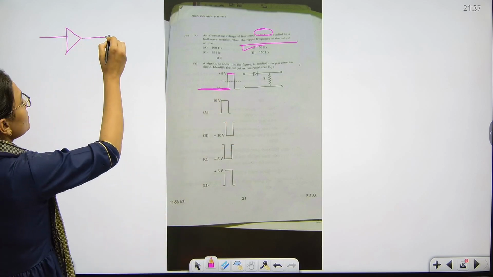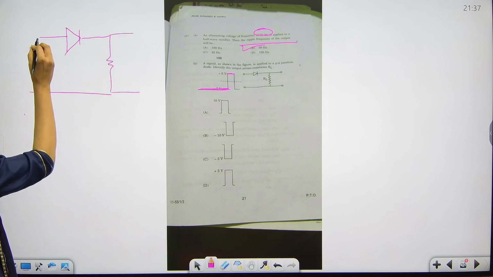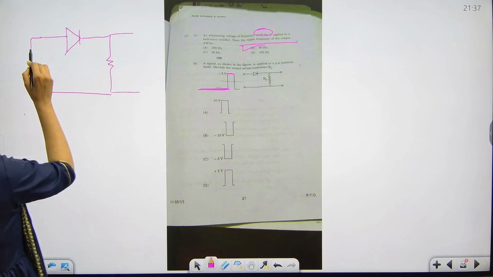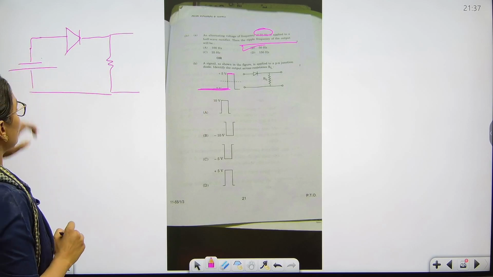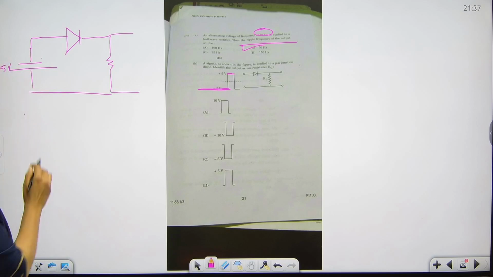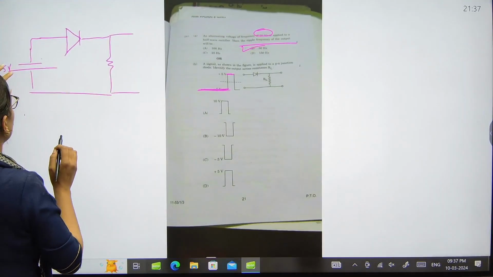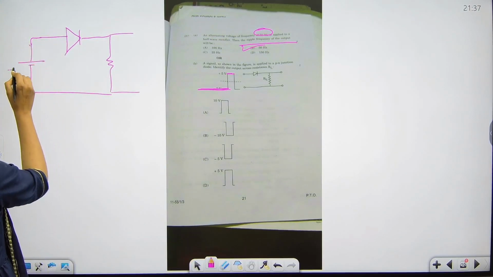So you have a DC connected here like that for a very short duration, and a negative sign means you can place a negative battery like that. Or what you can do, you can place a battery like that and write -5 here.